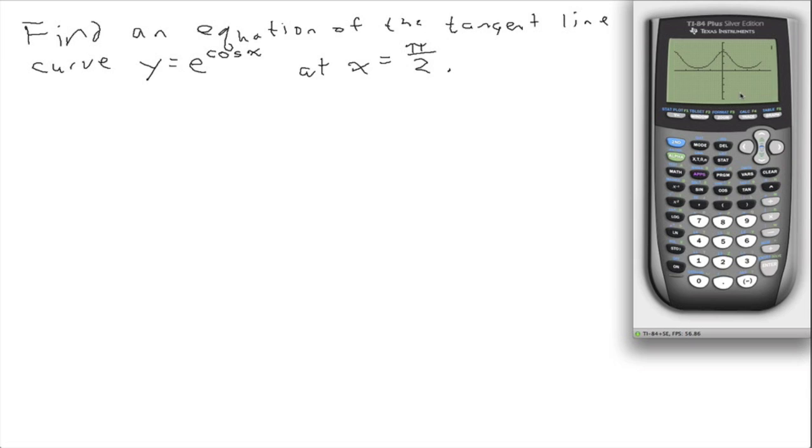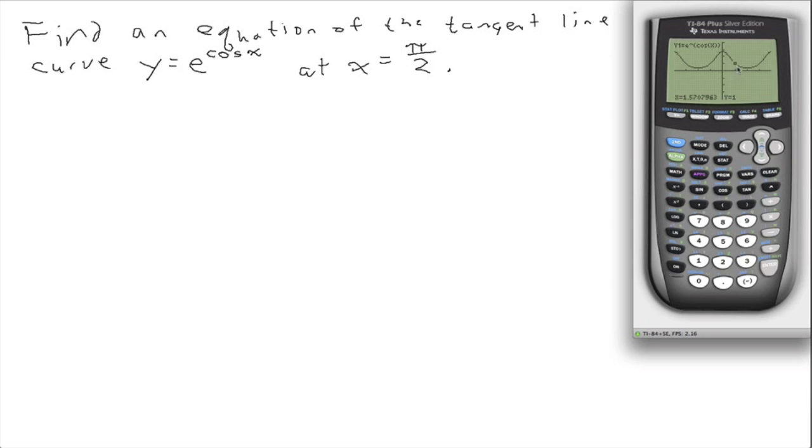And you get something like this. Now, again, I'm going to trace pi over 2. That puts me here. So notice now, what do the hash marks stand for? The hash mark stands for 1 still.